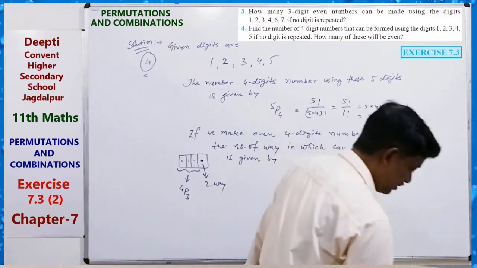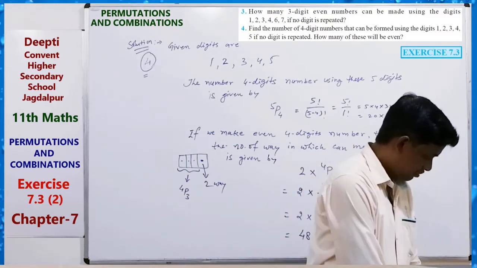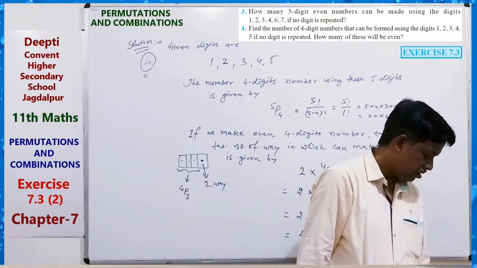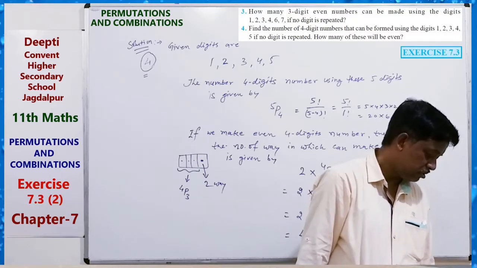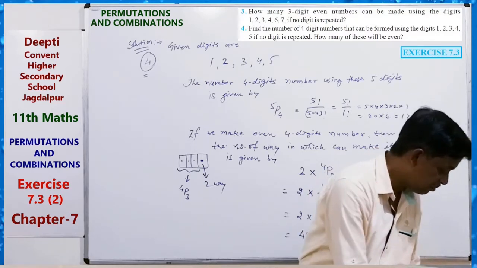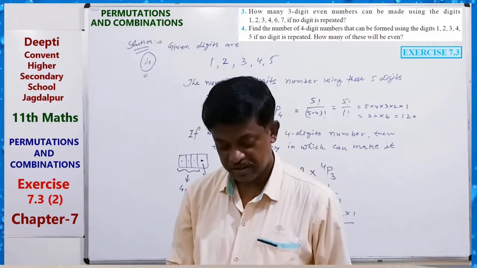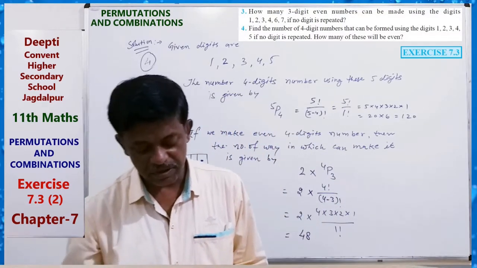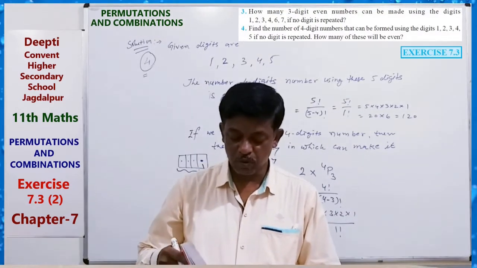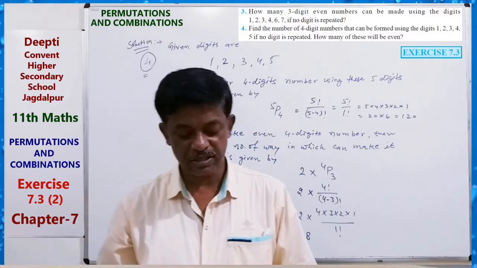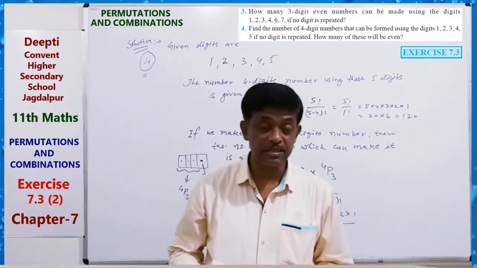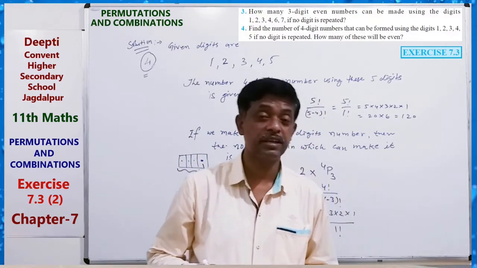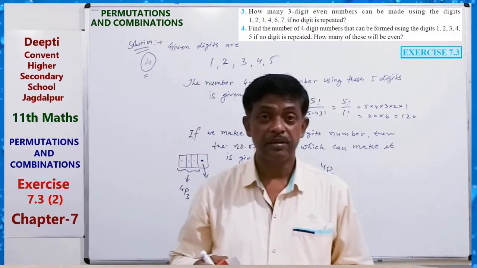Now 5. From a committee of 8 persons, in how many ways can we choose a chairman and a vice chairman? Assuming one person cannot hold more than one position, the persons cannot be repeated for a post.